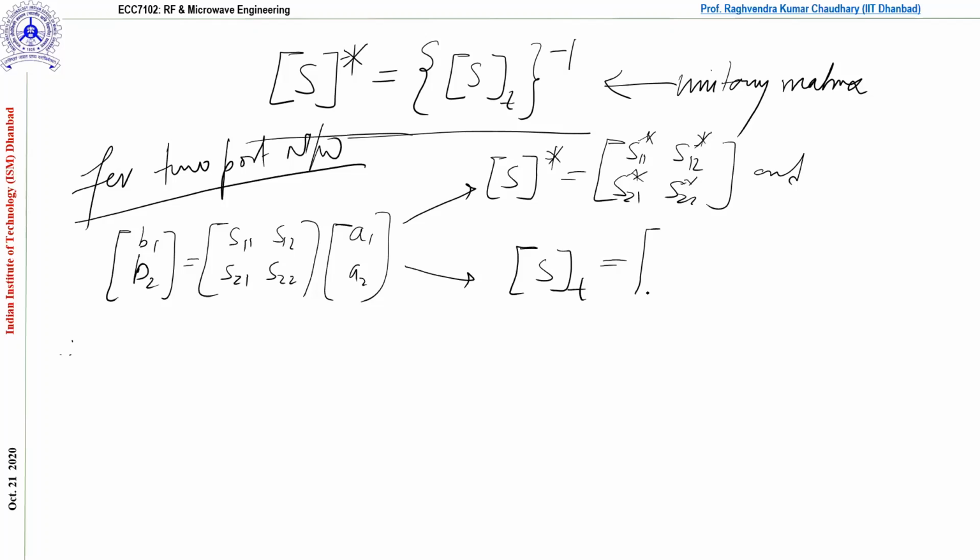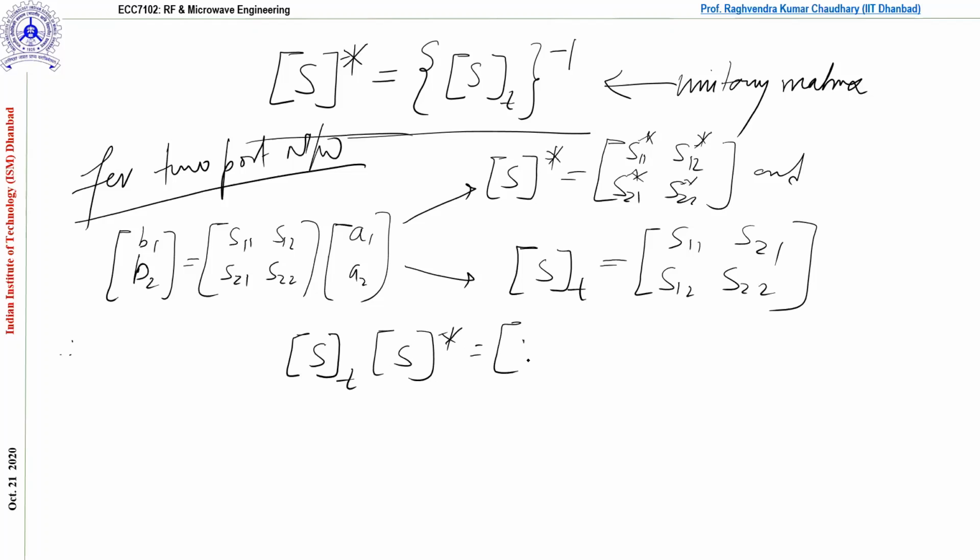This will be S11, S21. Just to inform you here that this is a reciprocal network only. Now what we can do actually, S transpose S star is supposed to be the unit matrix.